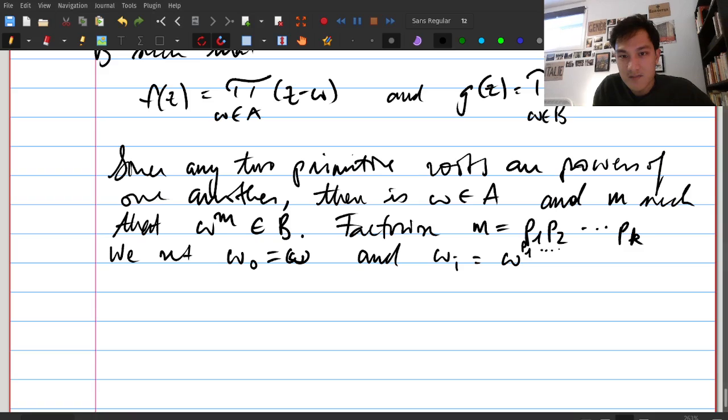This is really bad writing because it's crashing into stuff on top. So omega i minus 1 to the power pi is omega i. In particular, omega k is equal to omega to the p1 all the way up to pk, which is the same as omega to the m.